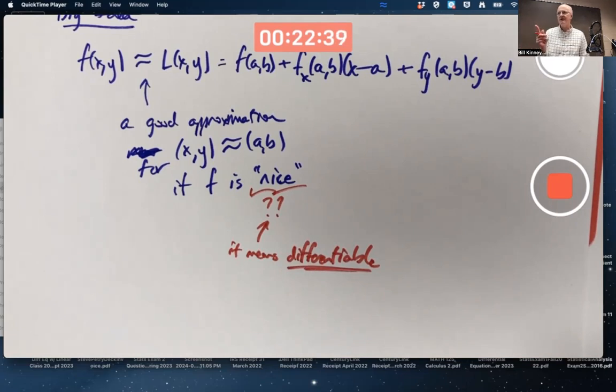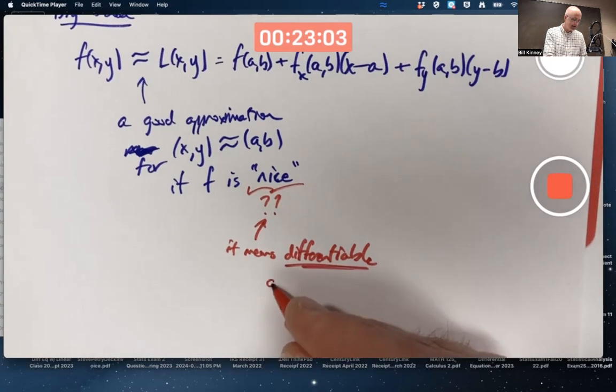It is sufficient to be differentiable if the partials with respect to x and y exist and they are continuous near the point in question. So the partials exist and are also continuous functions near AB. That is good enough to say f is nice, it's differentiable.